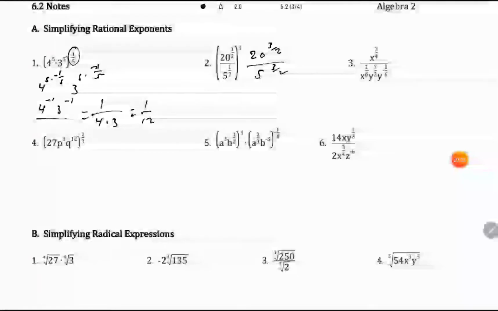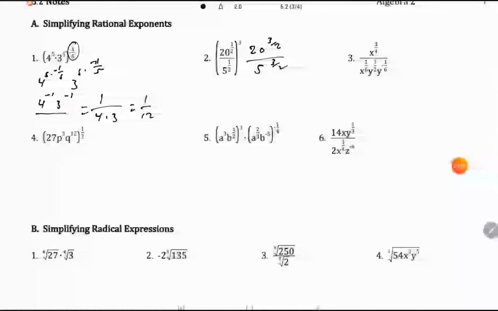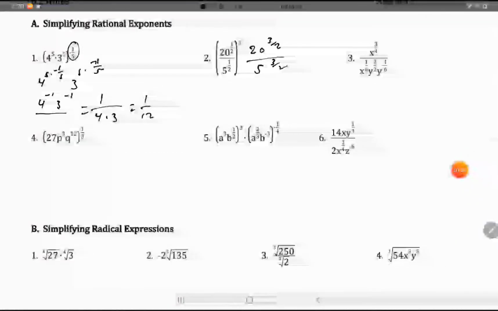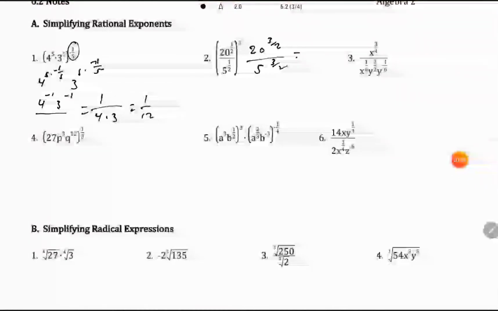And just remember, like before, we can reduce this because they're of the same power.